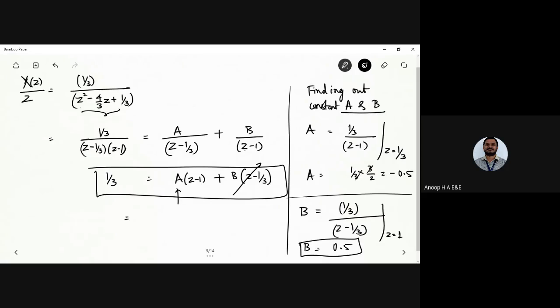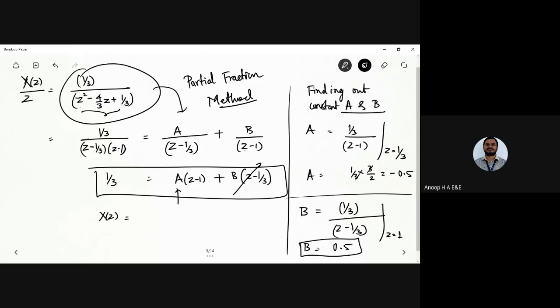So what do I do here is I have X of z, and this entire term is reduced by the partial fraction method. So if I reduce this, what do I get? I have X of z by z equal to a as minus 0.5 divided by z minus 1/3 plus b as 0.5 divided by z minus 1.